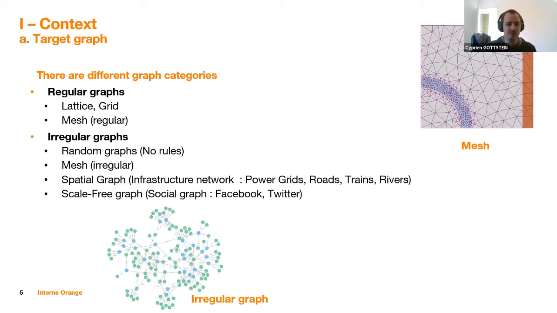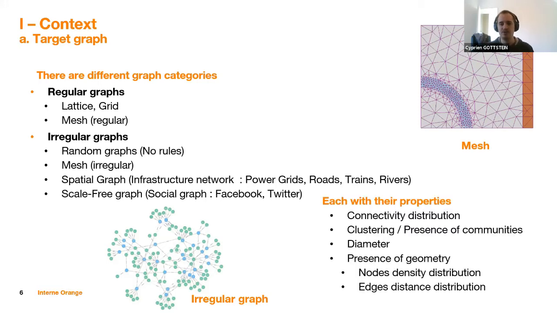I'm thinking of infrastructure networks like power grids, roads, trains, but also natural structures like rivers, and scale-free graphs, which embed the social graphs, Facebook, Twitter, you name it. Each of them has its own set of properties, be it connectivity distribution, clustering, whether there are communities or not, what the diameter of the graph is, and in the case of the presence of geometry, what the node density distribution and edge density distribution are.